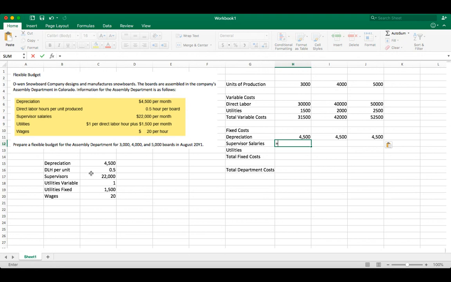Supervisor salaries is going to be equal to this. I'm going to copy that so that I can paste it into the other cells. And then for utilities, it's going to be equal to C19.